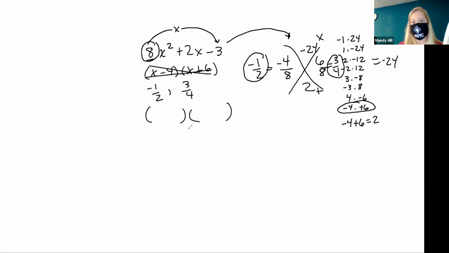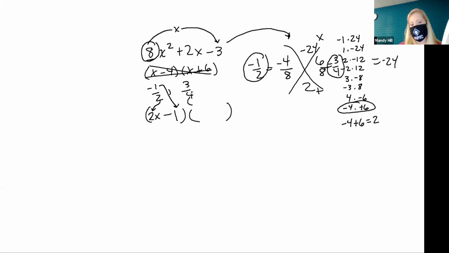How you're going to go about doing this is the denominator, the number on the bottom, goes in the front with the x. The number in the numerator goes in the back. And if it's a negative 1, it's going to be minus 1.